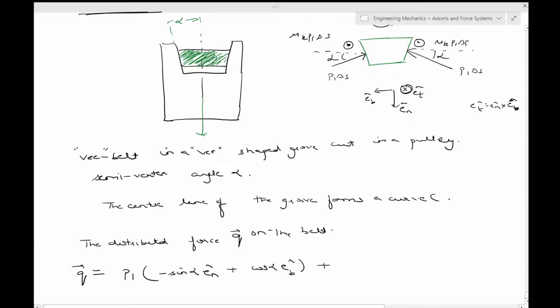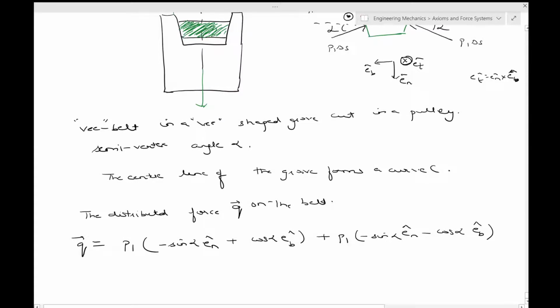Then take the other P1. P1 is equal to minus sine alpha En hat minus cos alpha Eb hat.